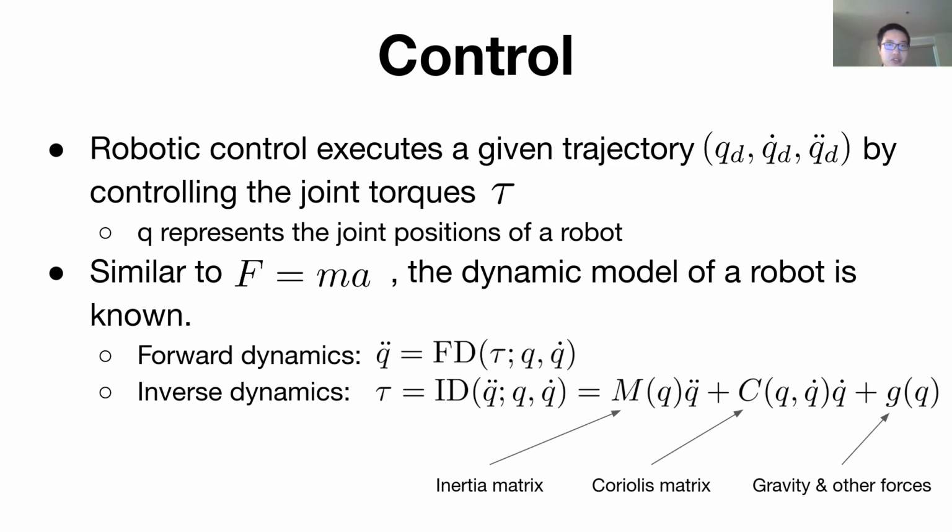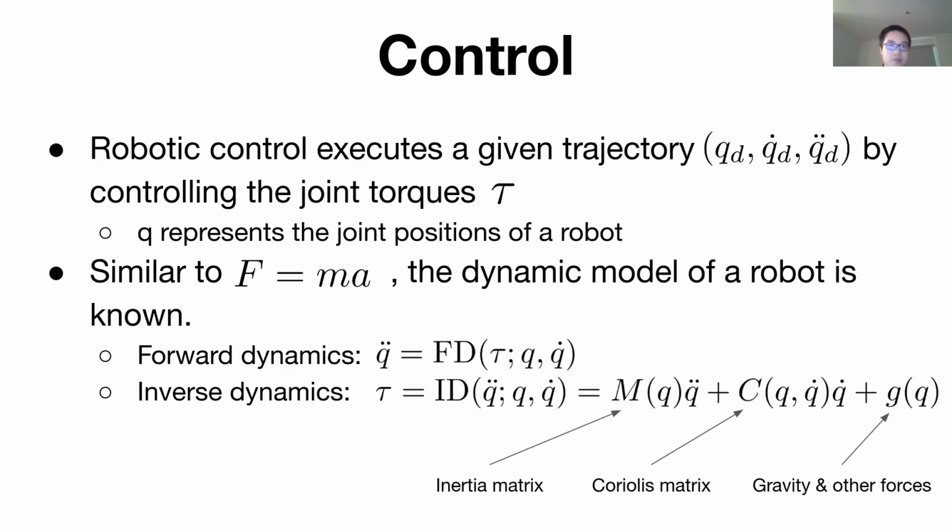Similar to F equals ma, the dynamics of a robot is known. The process of inferring joint acceleration from joint torque is known as forward dynamics. And the process of finding the proper torque from desired joint acceleration is called inverse dynamics. We can see inverse dynamics consists of 3 terms.